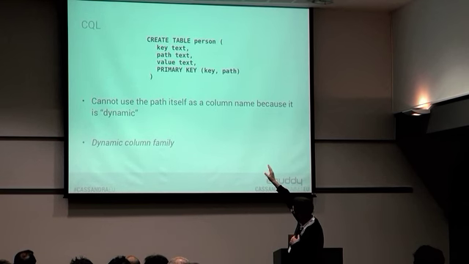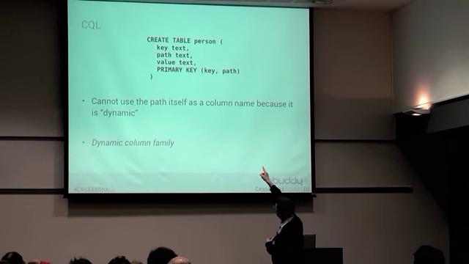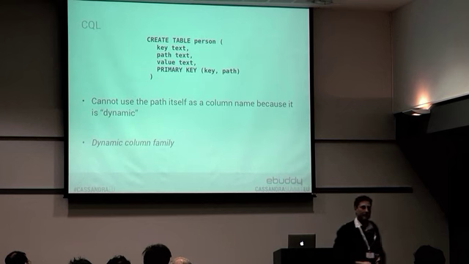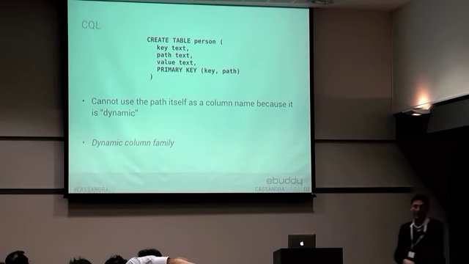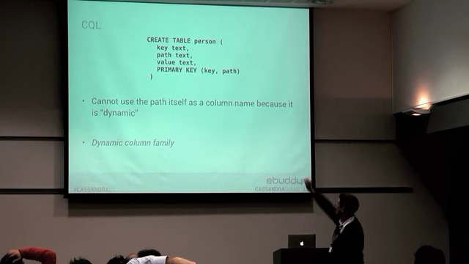So you would have to set up your table in this way and give it the key and the path as the primary key. Key is just the row key, the partition key, and the path has to be a clustering key. And the reason for that is we're doing range queries. The library does range queries on that path column.